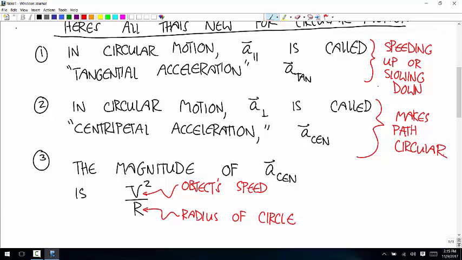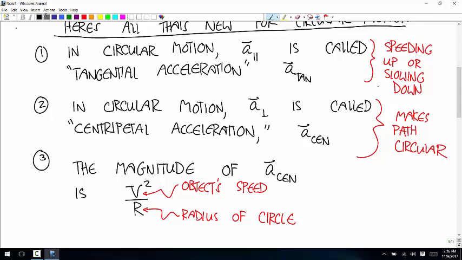In general, the perpendicular part of the acceleration makes things turn. If the perpendicular part of the acceleration has a magnitude of v squared over r, that's what makes the path a circle. Okay? So any circular motion has this centripetal acceleration of v squared over r, but only circular motion where something's speeding up or slowing down has a tangential acceleration.